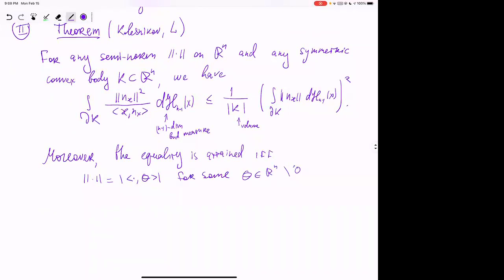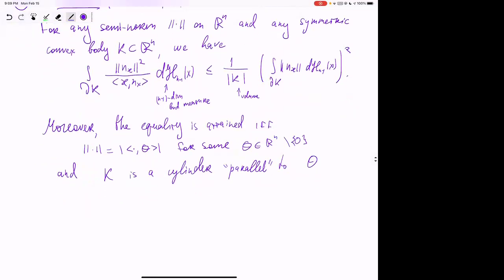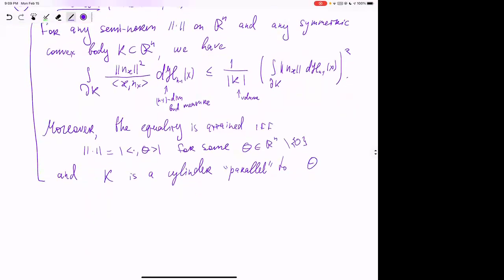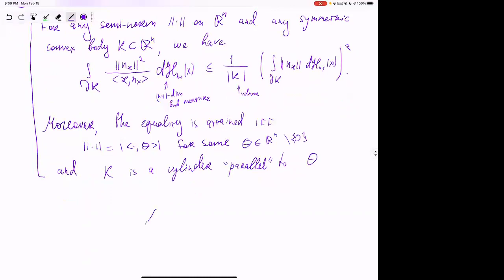Maybe let's say theta non-zero, because it's a bit boring if it's zero, right? And K is a cylinder sort of parallel to theta, in the sense that this is my K, this is my vector theta.